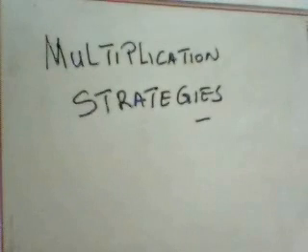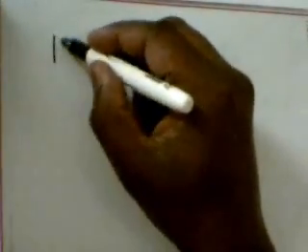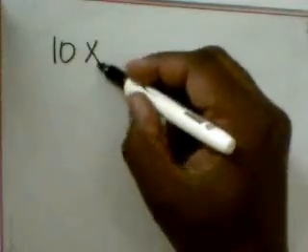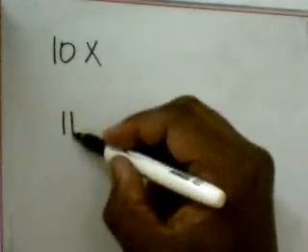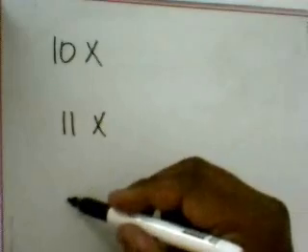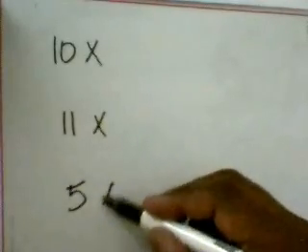We are going to see multiplication strategies, and we are going to see 3 things: how to multiply a number by 10, how to multiply a number by 11, and how to multiply a number by 5.